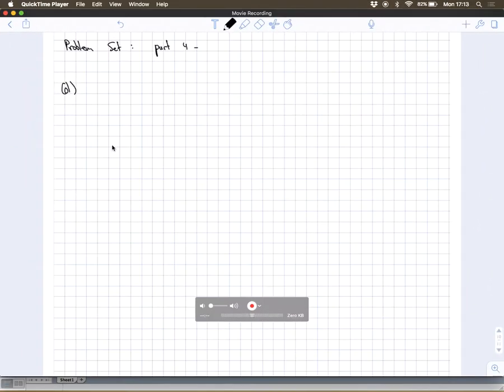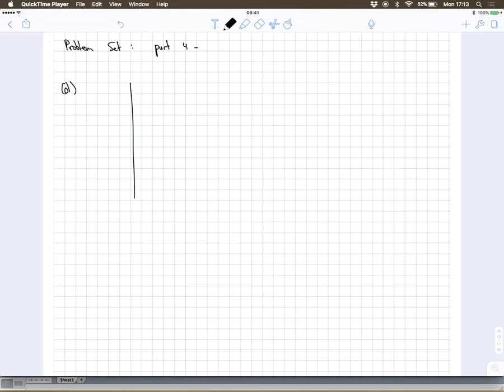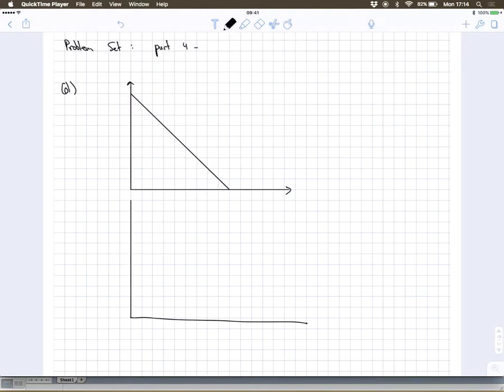Let me give you a little bit more from the pre-sessional cases. From the pre-sessional, if you remember, imagine we started off with this idea of a demand function. And then from this demand function, we had quantity here, price here, and we were able to write things like revenues here.